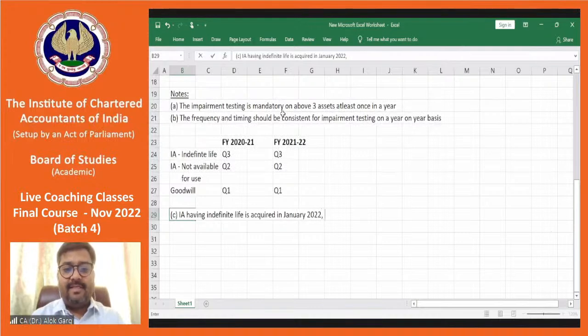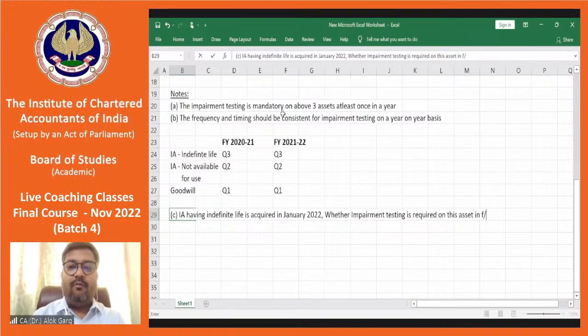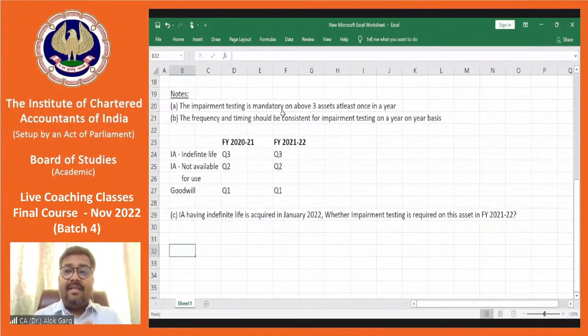So now the question arises whether impairment testing is required on this asset in FY 21-22. Tell me, what is your view? This asset is acquired in this year only, and not only in this year, this is acquired just 3 months back in January 2022, right? So whether impairment testing is required in this financial year on this asset?